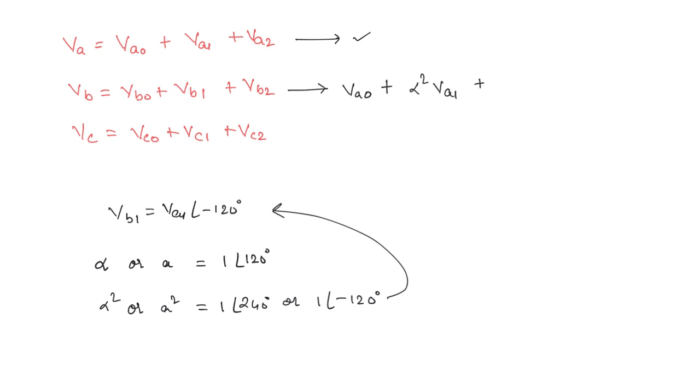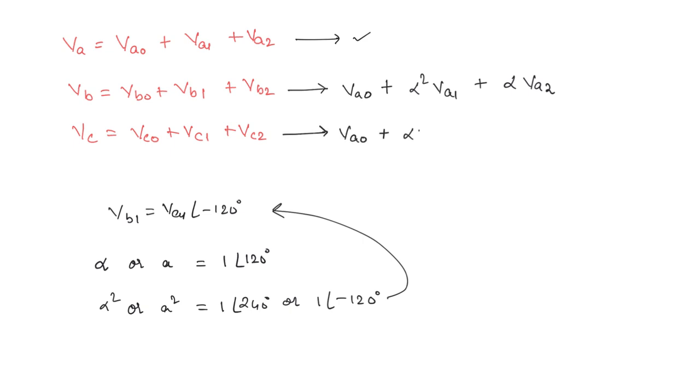Now VB2, this is the negative sequence component. So B phase is going to lead the A phase by 120 degrees. So that is alpha VA2. Okay. Now similarly for VC, you are going to write VC0 will be equal to VA0.